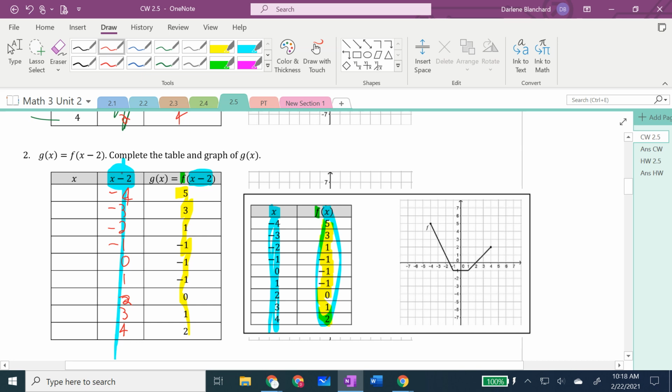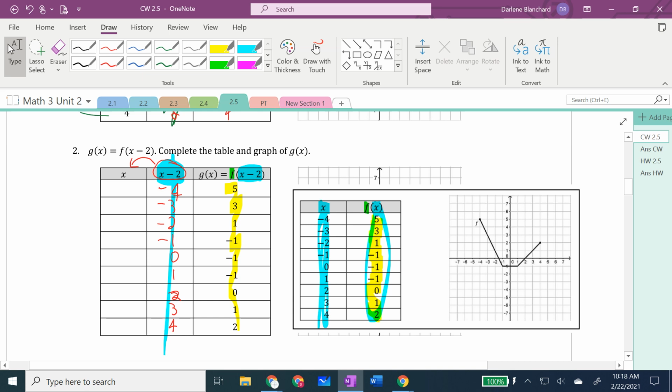But then we want to look at, if this represents x minus 2, then what does x have to be in order for these to equal x minus 2? In other words, if x minus 2 is equal to negative 4, what is x equal to? And you get negative 2.